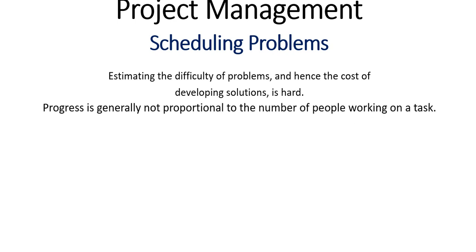Progress is generally not proportional to the number of people working on a task. You may think that adding, let me just say, 6 people to a certain task will allow the task to be completed sooner. That's not it. This is not hard labor.